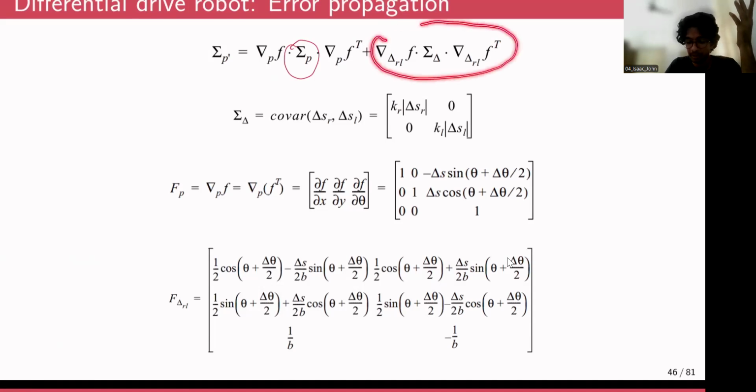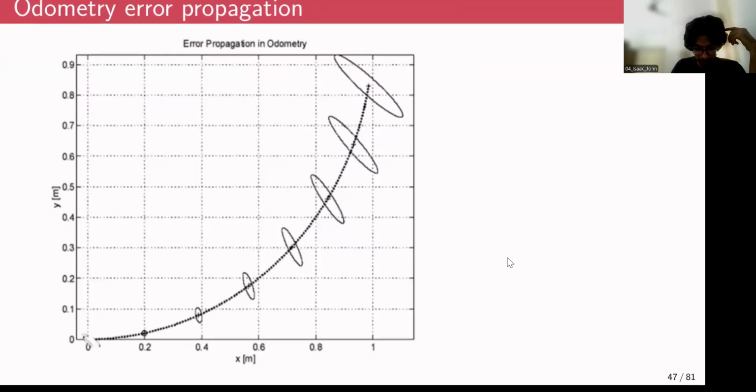But as time grows, because of the contribution of this term due to uncertainties from the sensors, this delta p keeps on growing and growing and growing. And eventually, this is how it looks, right? Initially, we won't have any uncertainties, but as the robot moves, the uncertainties grow.